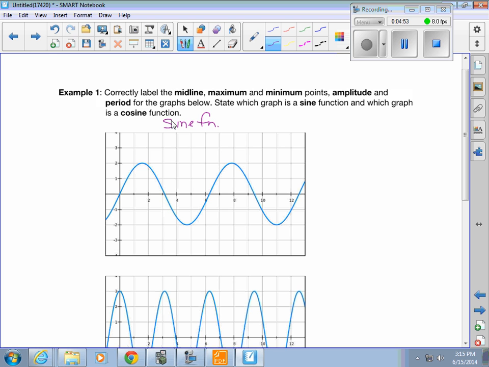Okay, our maximum value is right here. So our maximum is equal to positive 2. Our minimum value is down here, and our minimum is at negative 2.